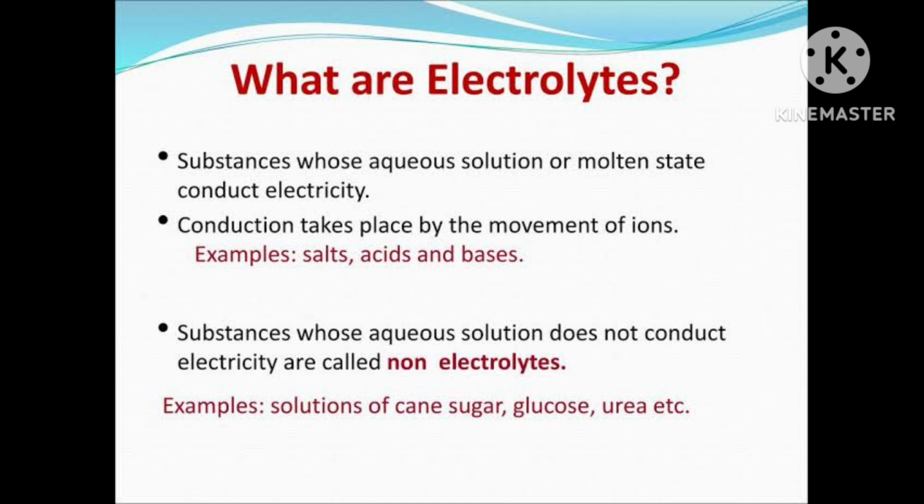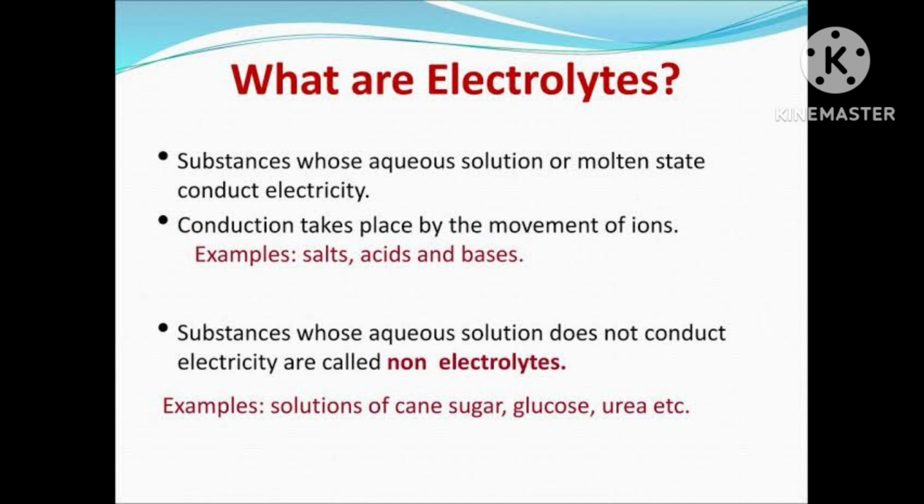Pure water has small amounts of hydrogen and hydroxide ions, with concentration 10 to the power minus 7 molar. You know the pH value is 7, so the concentration of H plus equals the concentration of OH minus, which is 10 to the power minus 7 molarity. These small amounts of ions give it very low conductivity, 3.5 into 10 to the power minus 5 Siemens per meter.